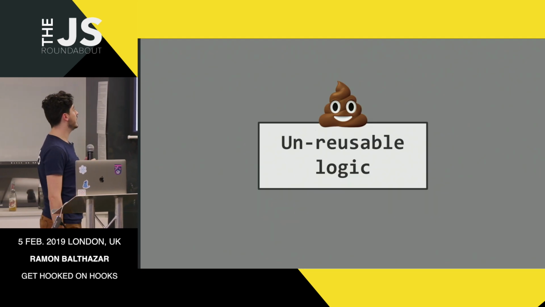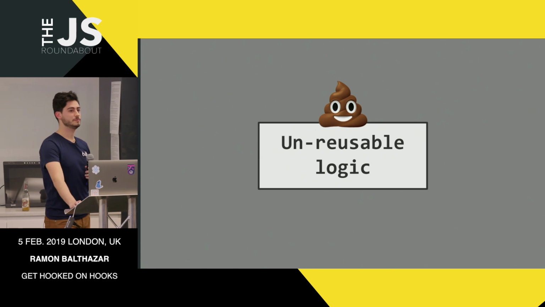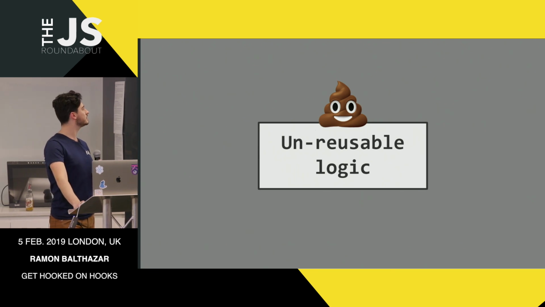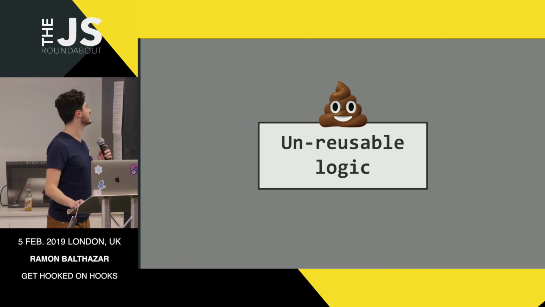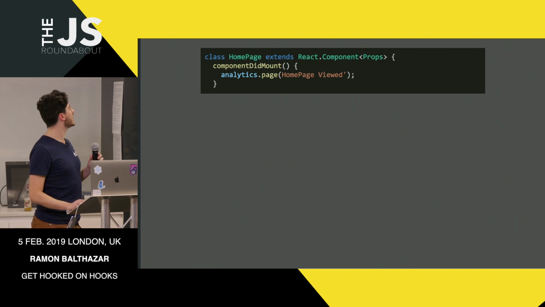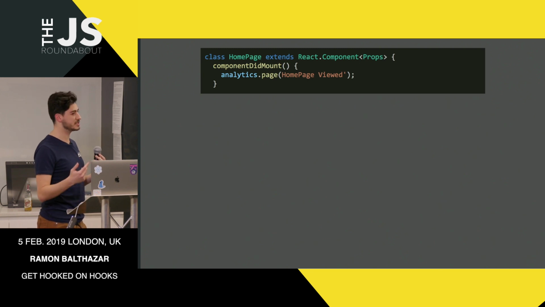Some other problem: unreusable logic. I'll give you a simple example for this. Above we got our marketing site, and it needs analytics. We got some custom analytics that we call every time those pages mount, and we need to call it only when the page mounts.